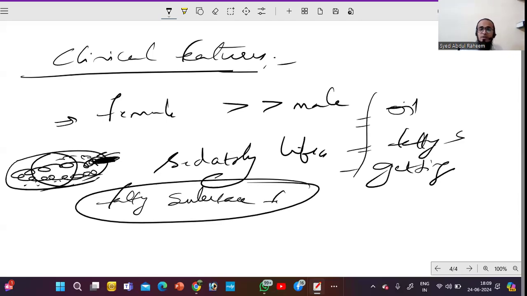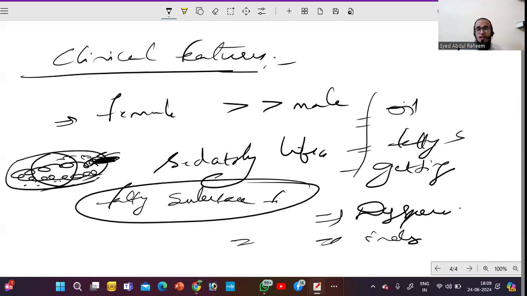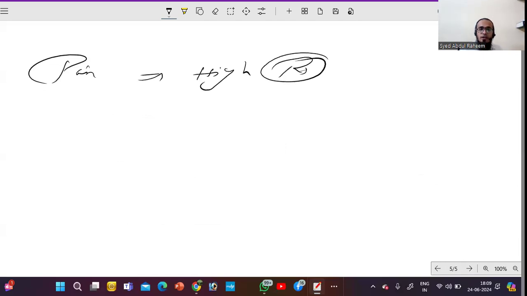So first, initially they will get dyspepsia and indigestion, or constipation, and sometimes the patient has flatulence. These are the common GIT symptoms that will appear, but last is the pain at the high right hypochondriac region.